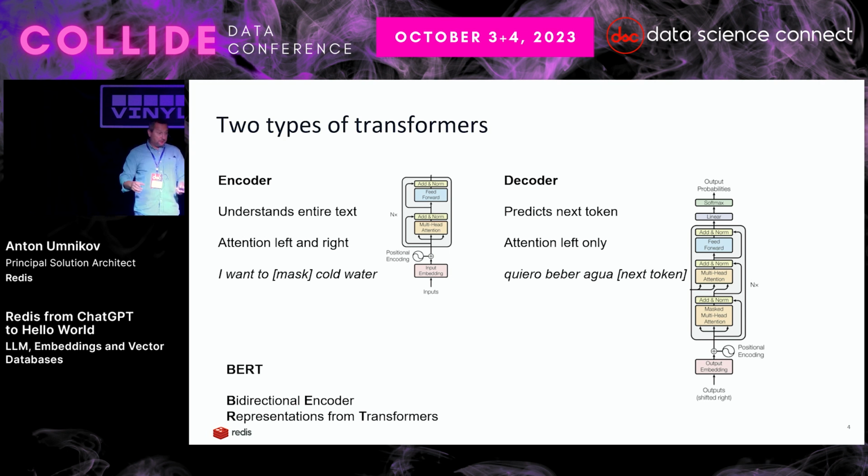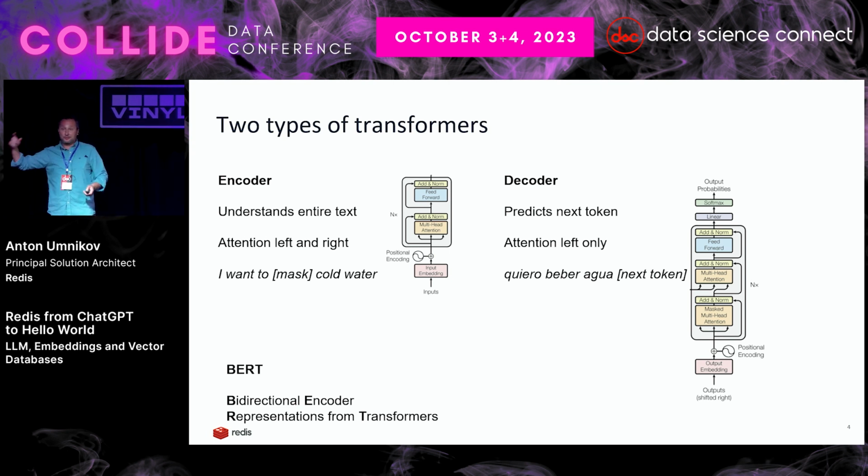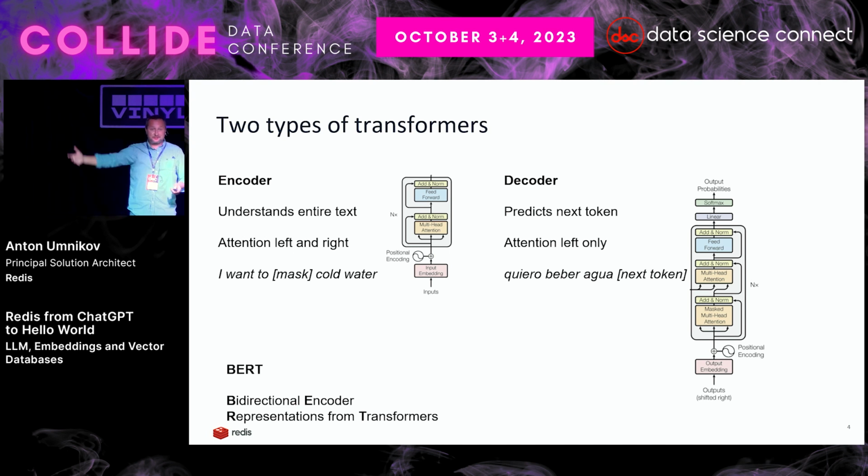The decoder architecture predicts the next word in the sequence. So attention here is only to the left. It predicts one word at a time, and then the whole thing is fed back to the transformer to predict the next one.